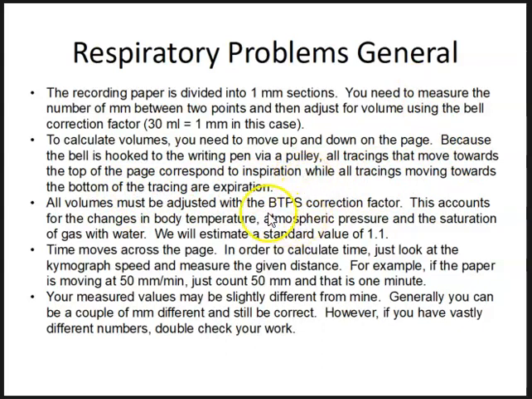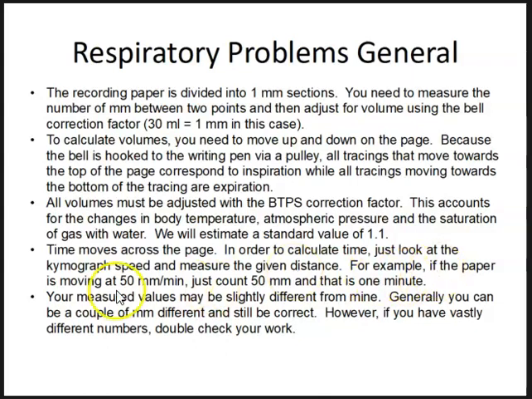We then have to adjust for the BTPS correction factor that I told you guys about. This will account for changes in body temperature, atmospheric pressure, and the saturation of gas with water. We will estimate a standard value of 1.1. Okay, so that's the BTPS correction factor. Time moves across the page. In order to calculate time, we just look at the kymograph speed and measure the given distance.